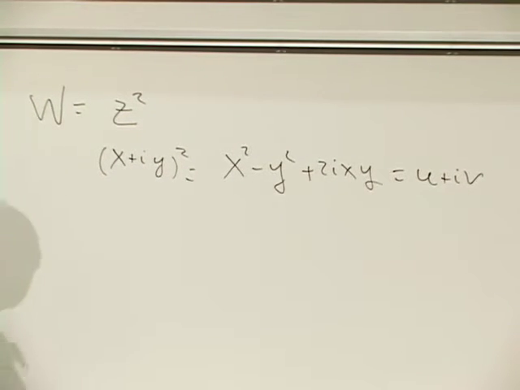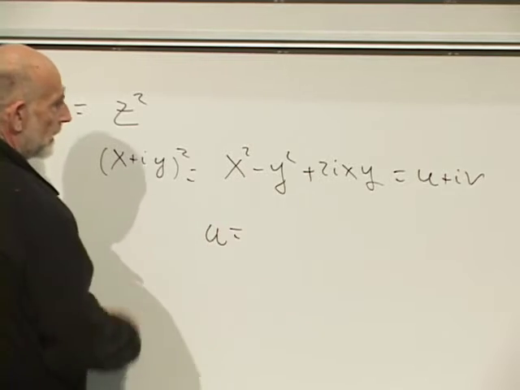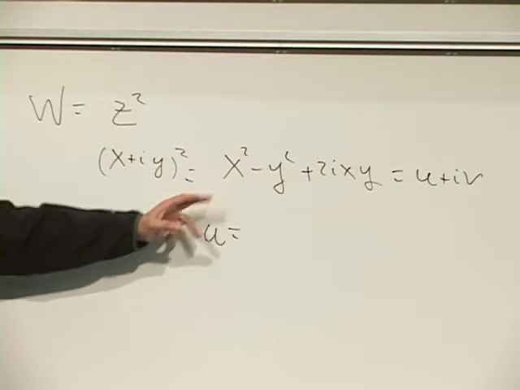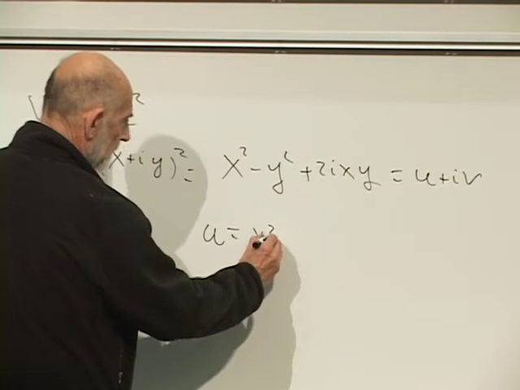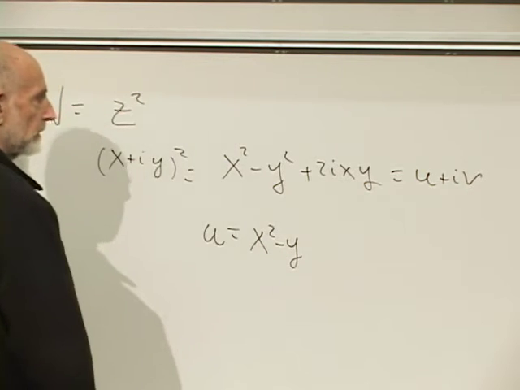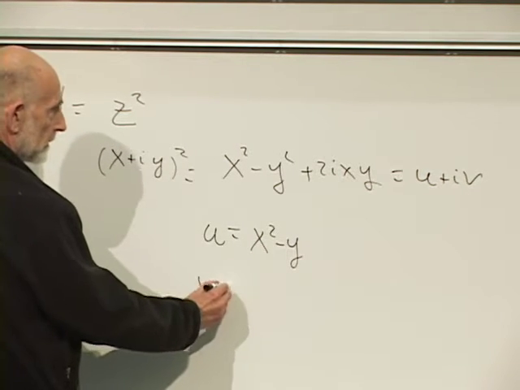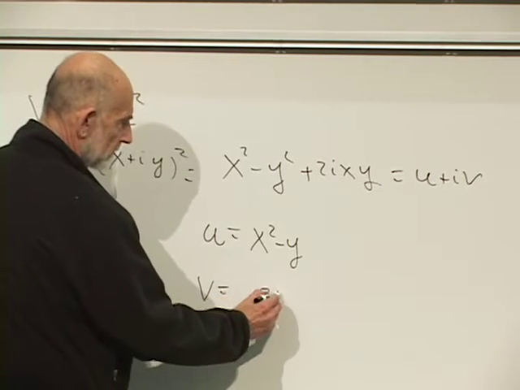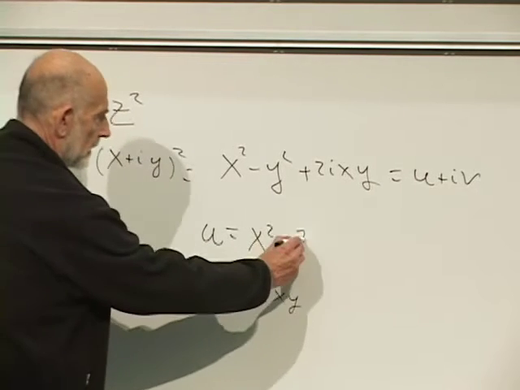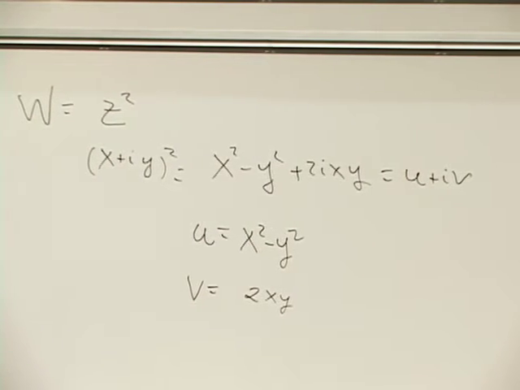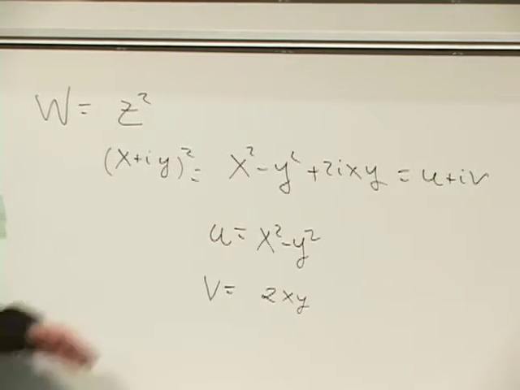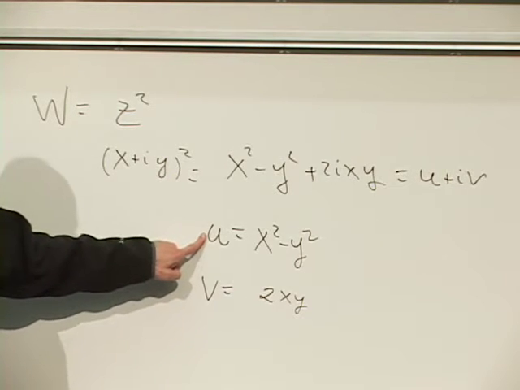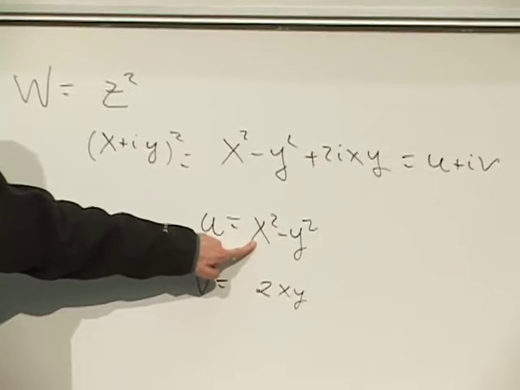All right, so first of all, what is u? u is equal to x squared minus y squared. The real part of this side is the same as the real part of this side. What about v? Just 2xy. Okay, let's check whether these satisfy Laplace's equation.